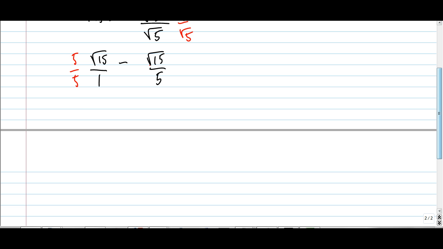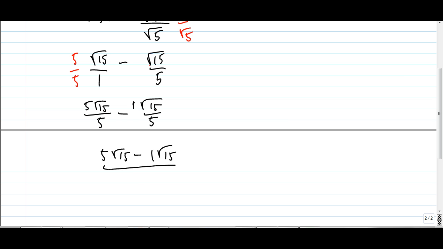You get 5 rad 15 over 5 minus rad 15 over 5. So what does the numerator become when they do that? The numerator becomes, yes, 4 rad 15. Yeah, it's 4 rad because this is 1 on the numerator. Isn't that right, guys? This is 5 rad 15 minus 1 rad 15 all over 5.